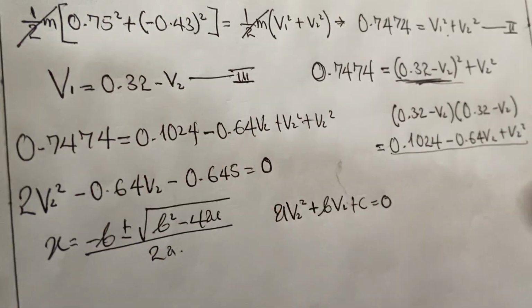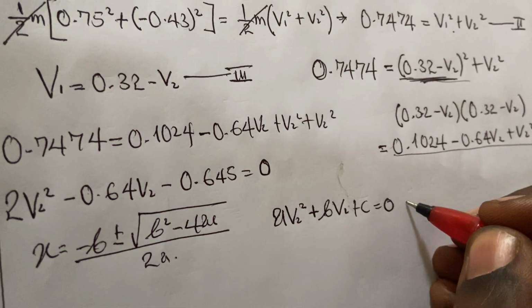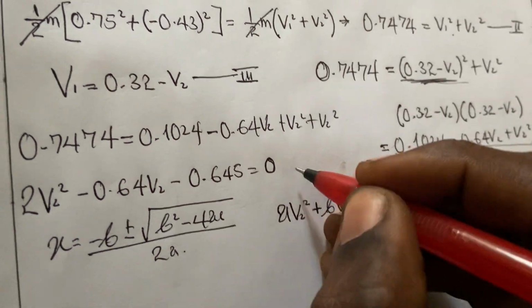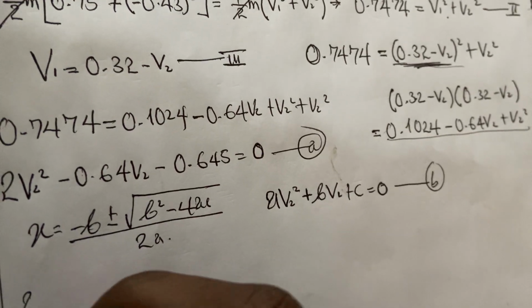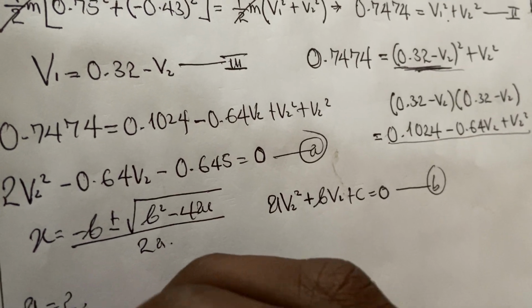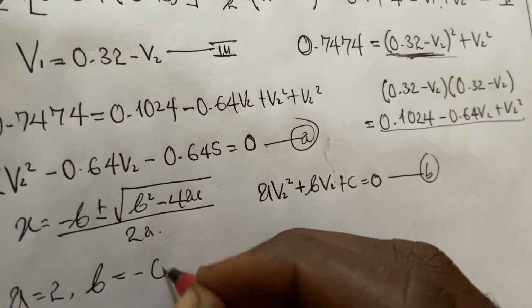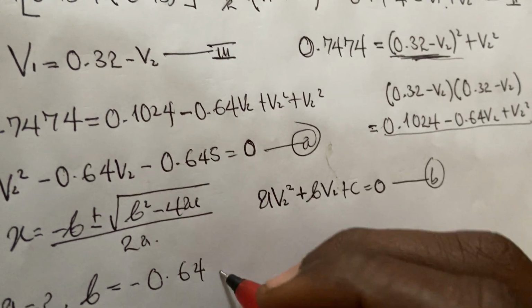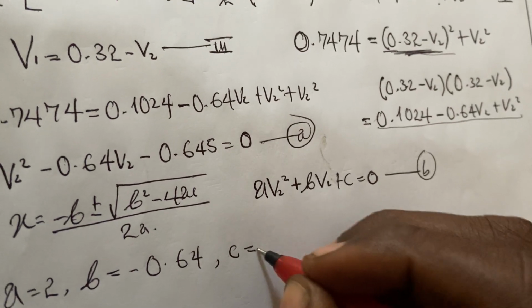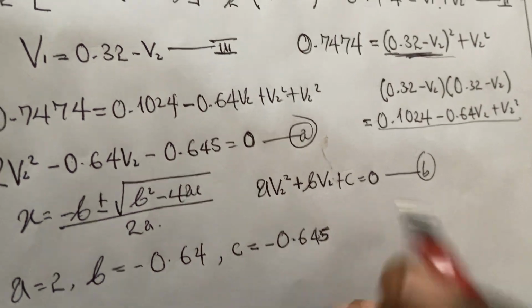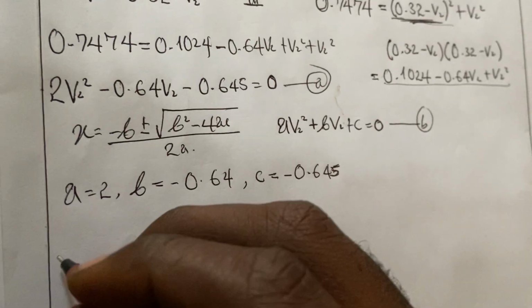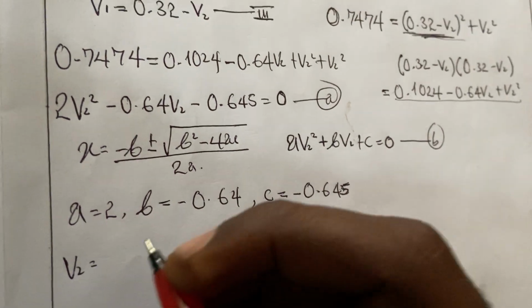Comparing them together, it means that a equals 2, b equals minus 0.64, c equals minus 0.645.